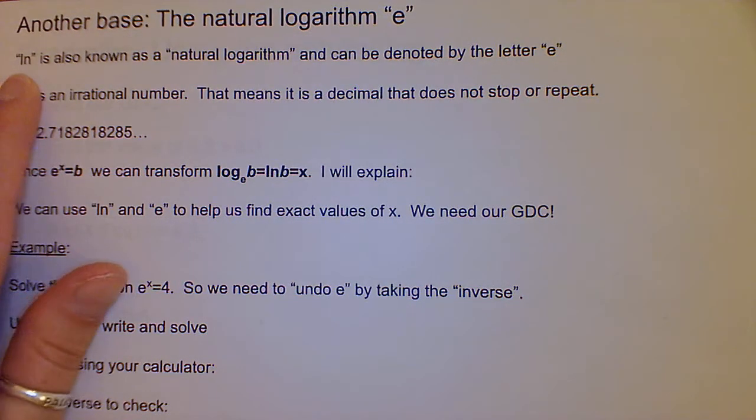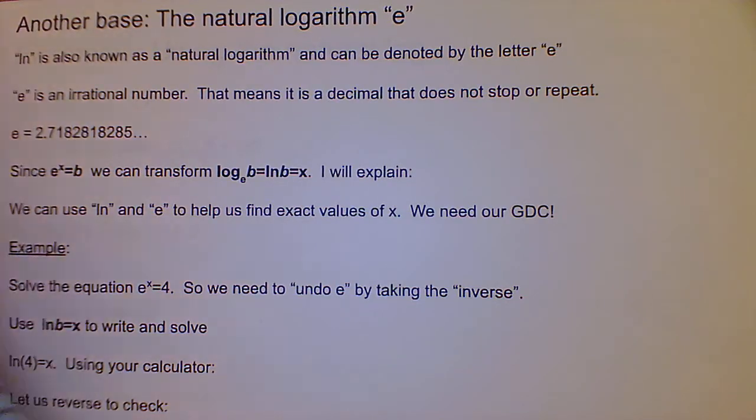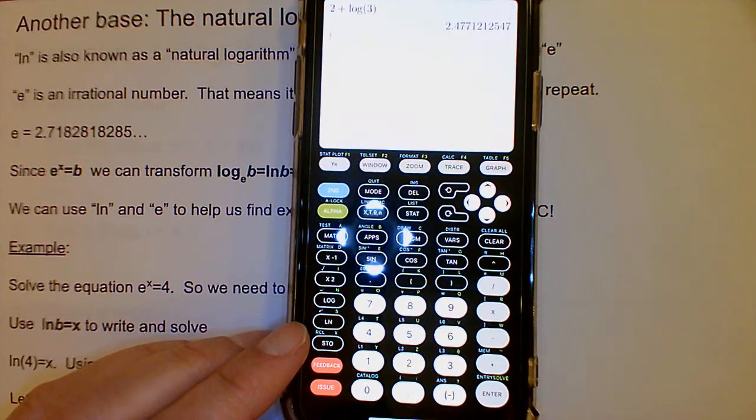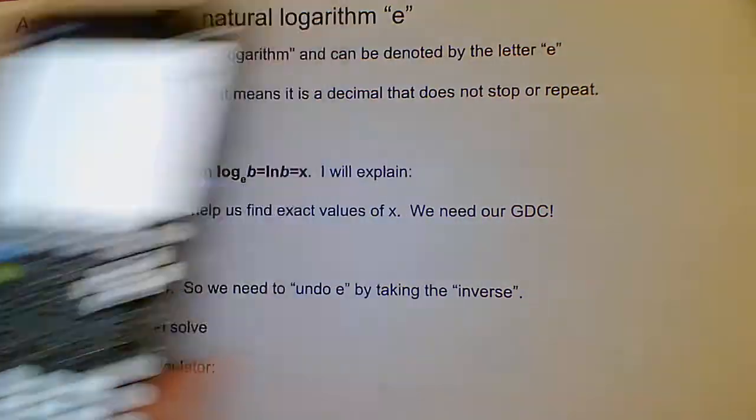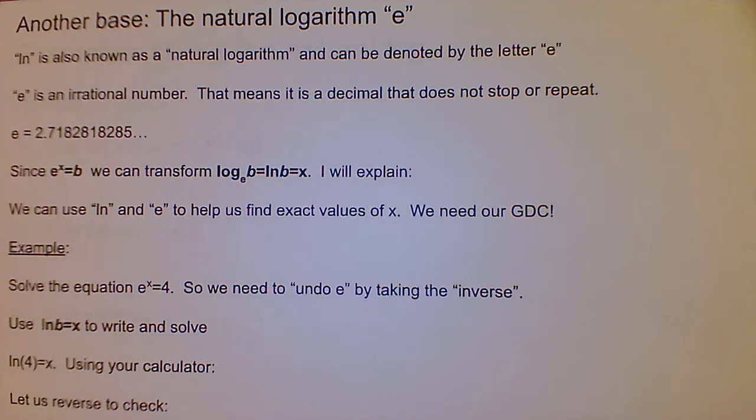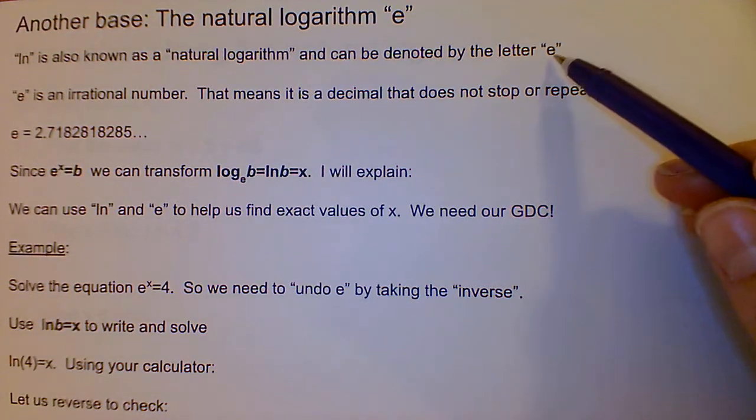So it is denoted as ln. You're going to see that in your calculator. In your calculator, it actually is the one underneath log, and it's capital L, capital N in your calculator. In your book, you're going to see it as ln. Is known as natural logarithm and can be denoted by the letter e.